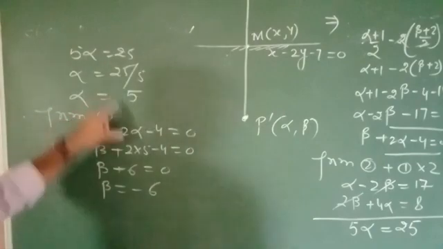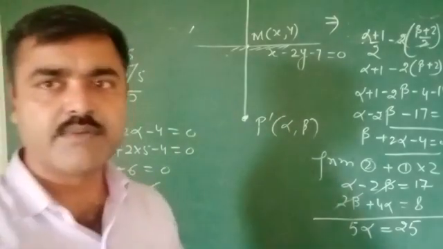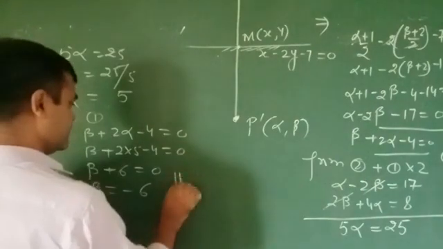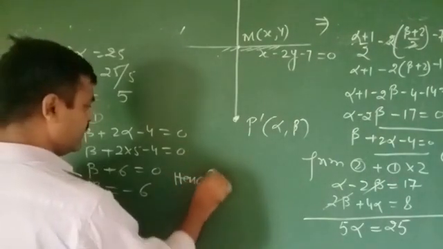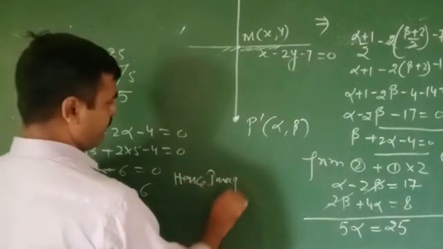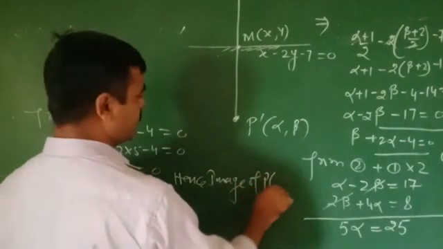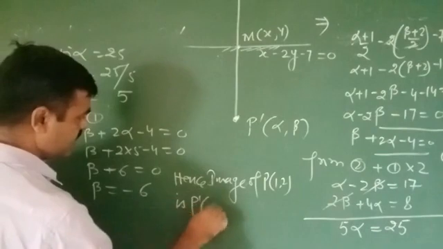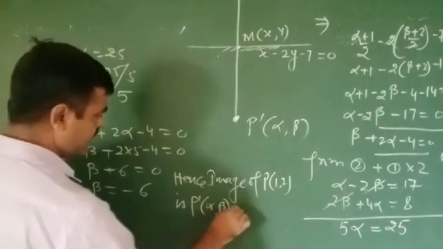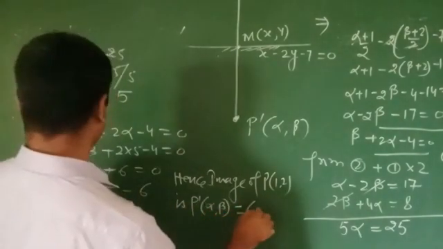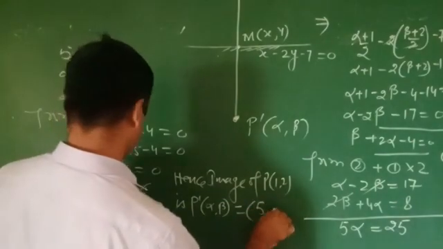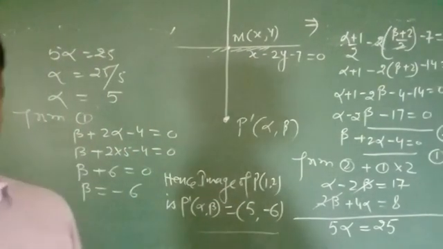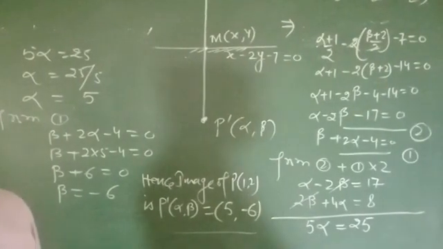So here I have found the values of alpha and beta, and therefore the image of P(1, 2) is P'(alpha, beta) = (5, -6).